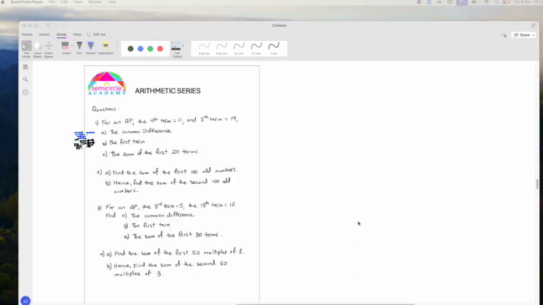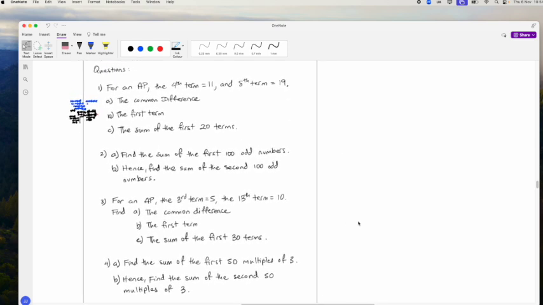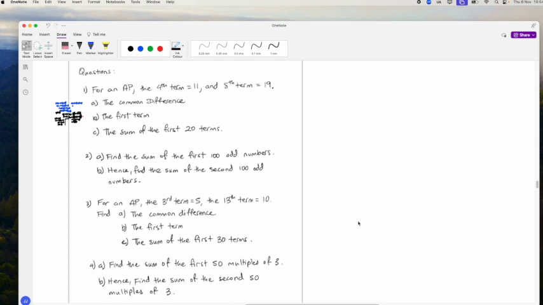All right, so moving on, we have these AP (arithmetic progression) questions here. We already did the first one in class, so let's start with number 2. Here we have to find the sum of the first 100 odd numbers.